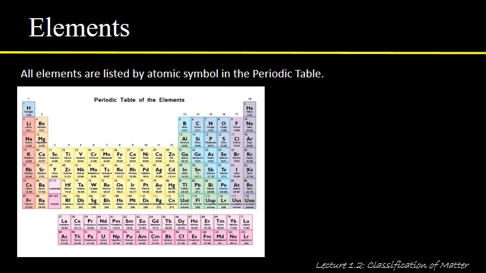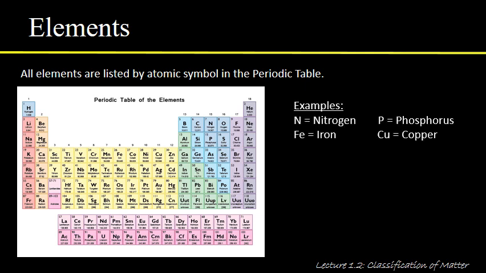All right, so we've got a periodic table here. In the table, each of the elements is represented by a symbol, either a 1 or 2 letter symbol, right? A lot of these you already know. Nitrogen, for example, here with the symbol N, iron here, Fe, phosphorus, and copper, right?